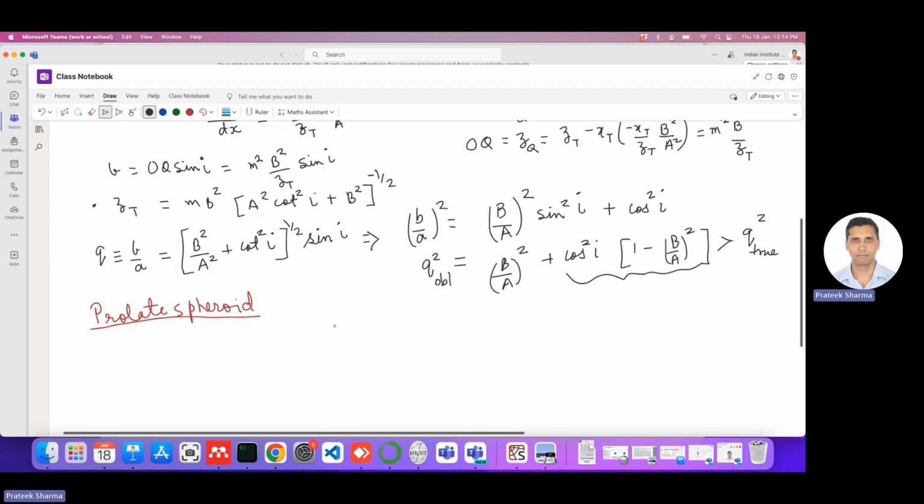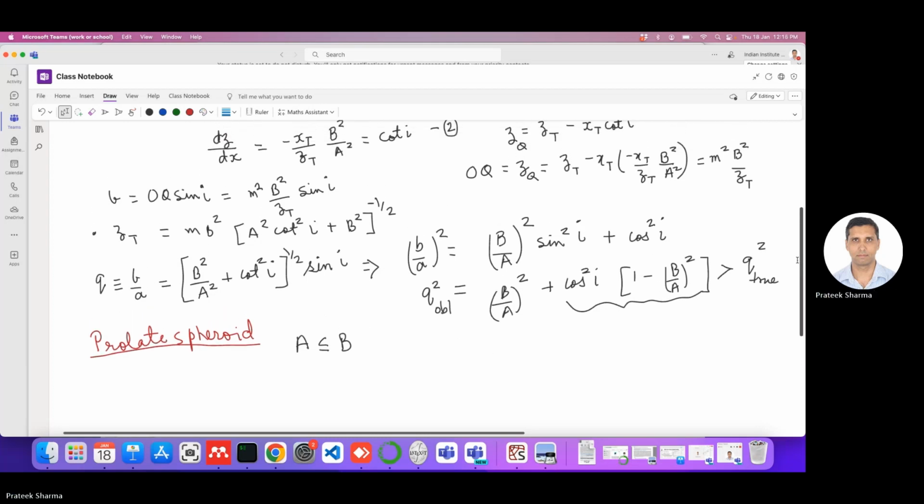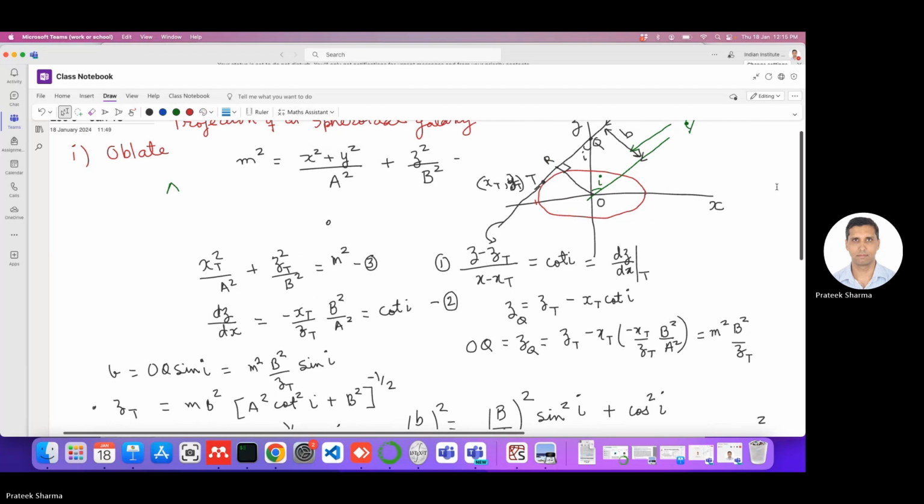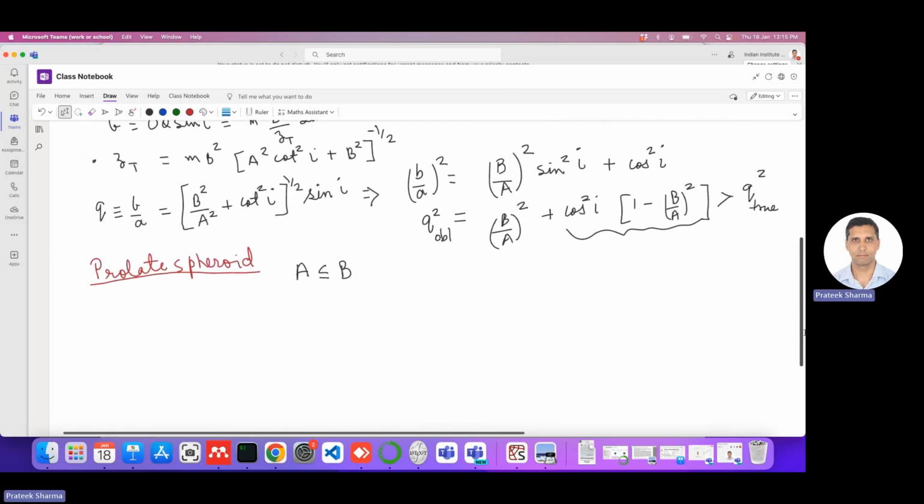In this case, A is less than B, right? So A is less than B, meaning it has two minor axes. So in this case, what do we have?